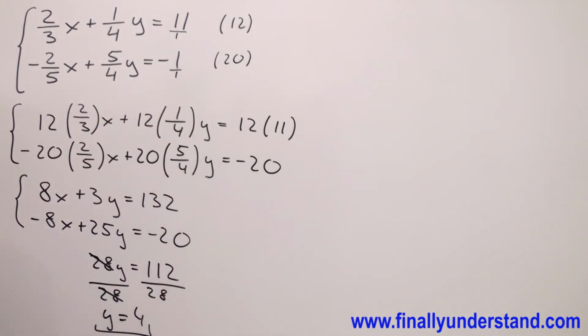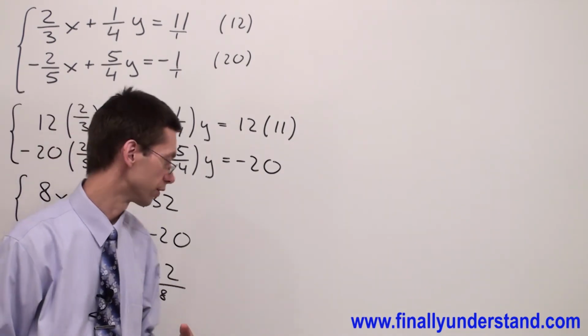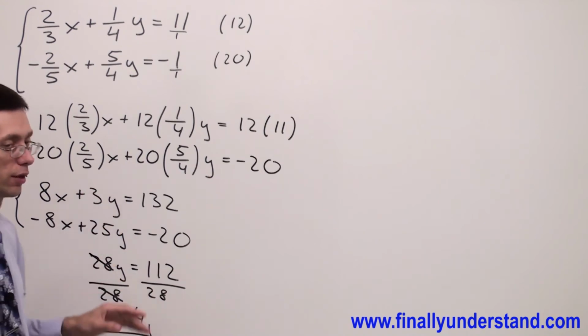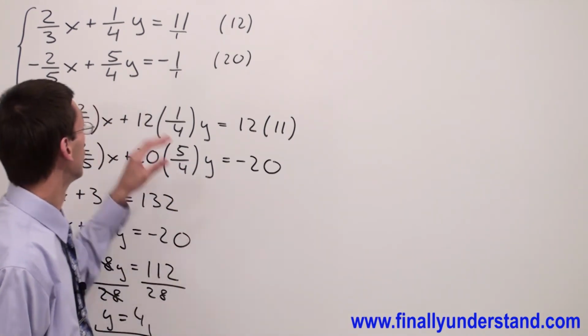Next, we're supposed to find the x coordinate. You're supposed to take one of the original equations, or you can take one of the simplified equations. I would prefer to use the simplified one because my life is going to be much simpler if I'm going to deal with whole numbers rather than with fractions.